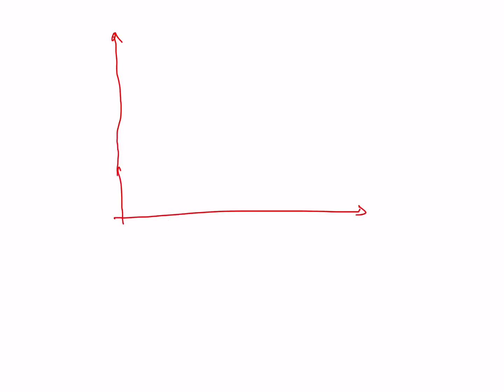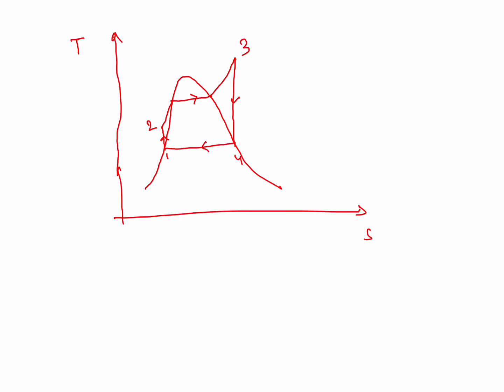So we will draw the Rankine cycle TS diagram: 1 to 2, then 2 to 3, 3 to 4, 4 to 1.